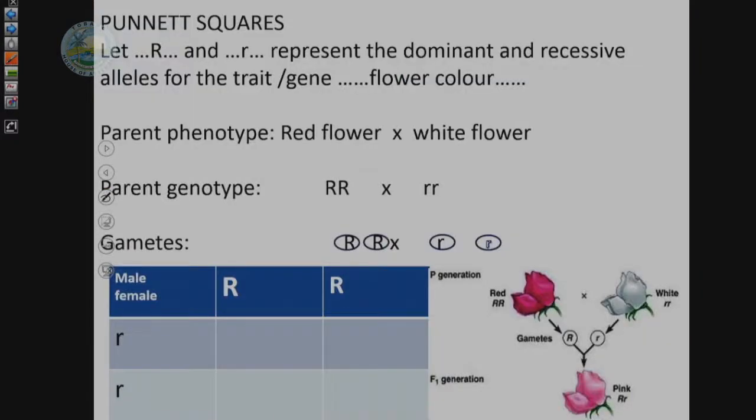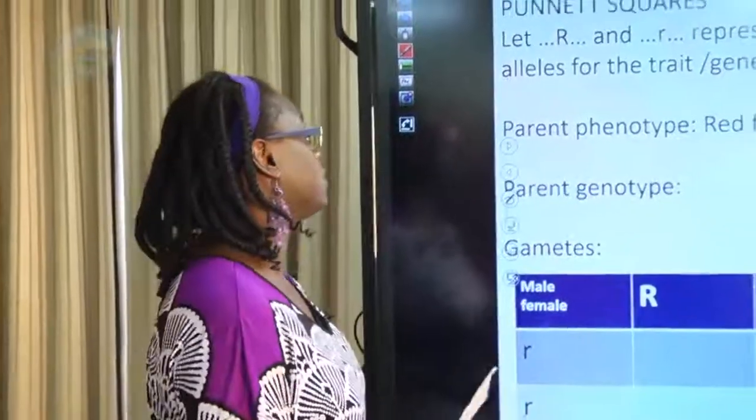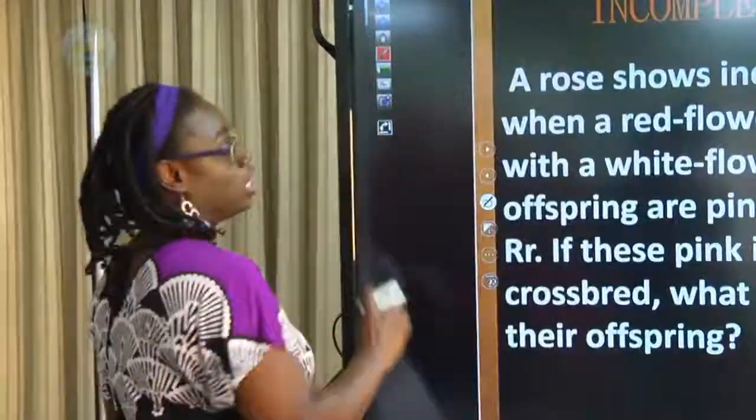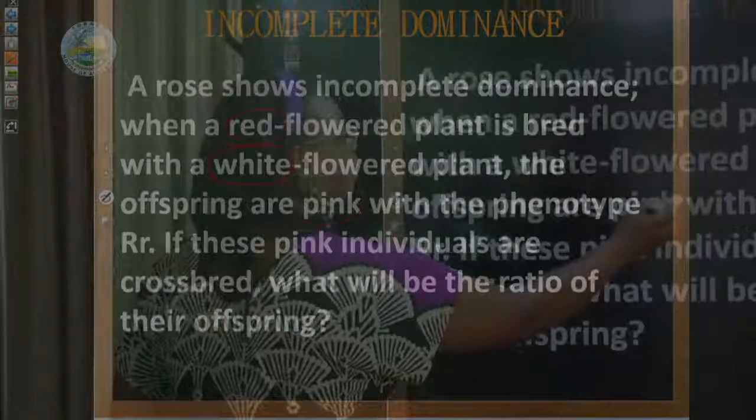Okay, to answer this question, I'm going to introduce the concept of Punnett squares. We are going to use the letter R to represent the flower color, and we have capital R for the dominant trait and common R for the recessive trait. So let me just remind you of what the question was. We have a red flowered plant being bred with a white flowered plant, and all the offspring in this case were pink.